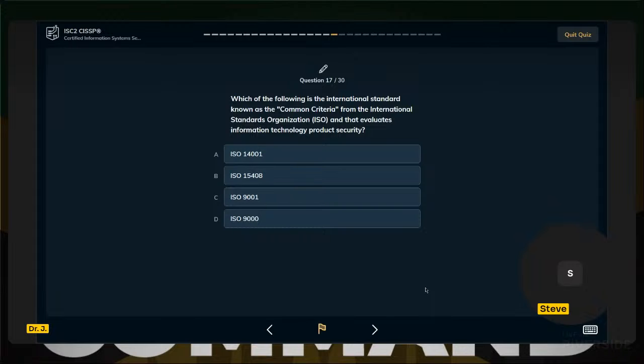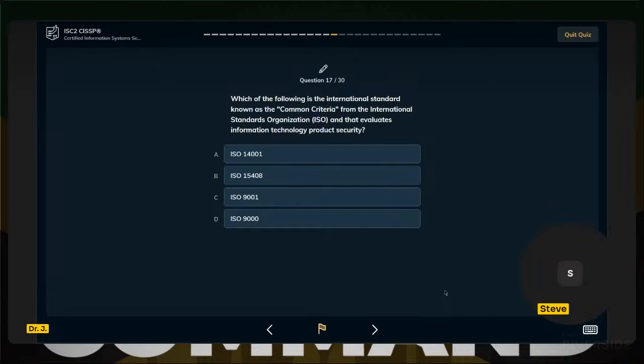All right. Which of the following is the international standard known as the Common Criteria from the International Standards Organization that evaluates information technology product security? It's Charlie or Delta. I think it's Delta.